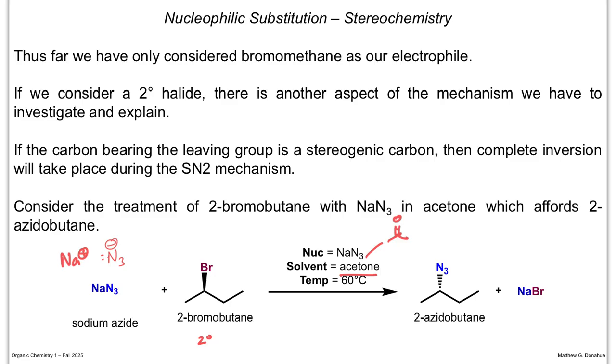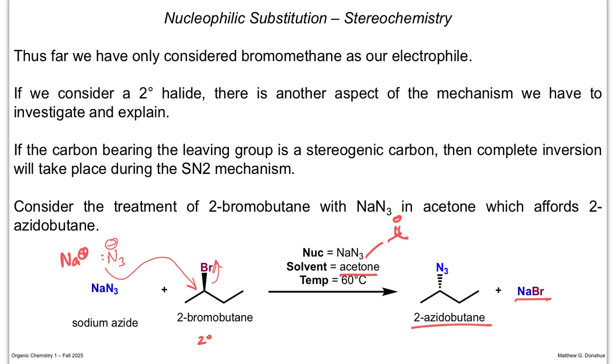So our secondary bromide will be attacked at that carbon. The bromine's the leaving group. Sodium bromide is the inorganic byproduct. And then we've done this substitution of bromine for azide.